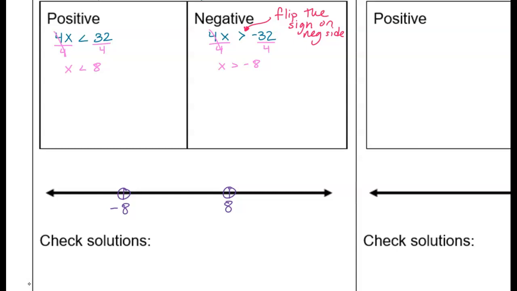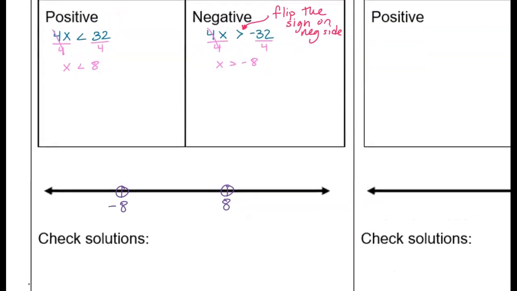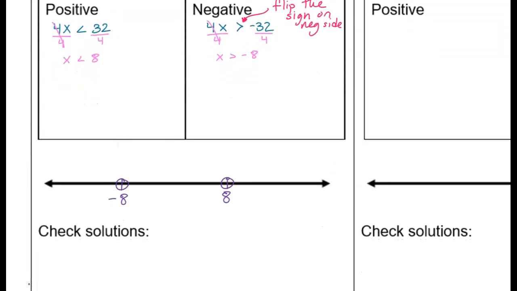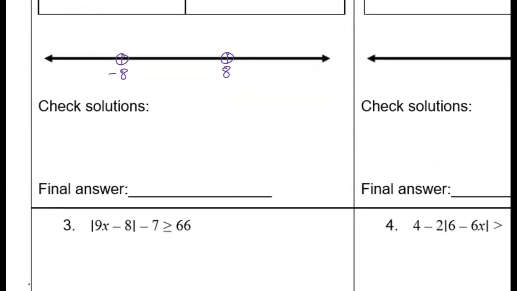Before I do any shading, I want to check to make sure that the inequality signs that I found in my problem are the correct inequality signs. It's very, very easy for your inequality signs to get flipped around, for you to get confused in these solving absolute value inequality problems. So what we're going to do is check our solutions.